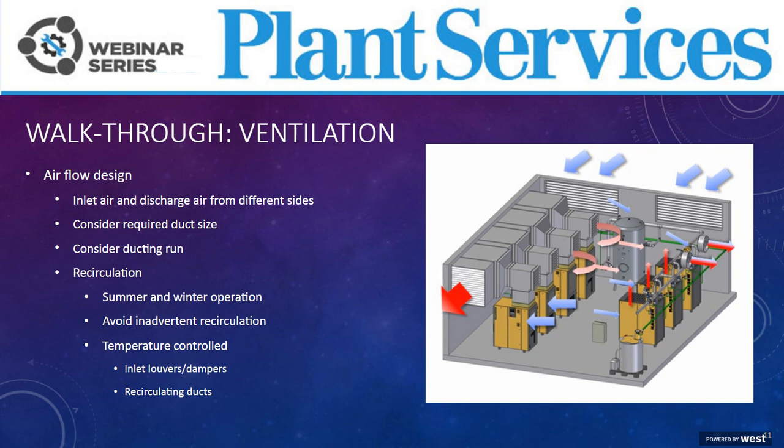This avoids unplanned recirculation, which we're going to see later on multiple times. Unplanned recirculation can cause overheating and shorten the lifetime of your equipment, as well as negatively impact reliability and uptime, which we've already discussed. Duct size, run, and whether recirculation is included are all items to consider within that compressor room.